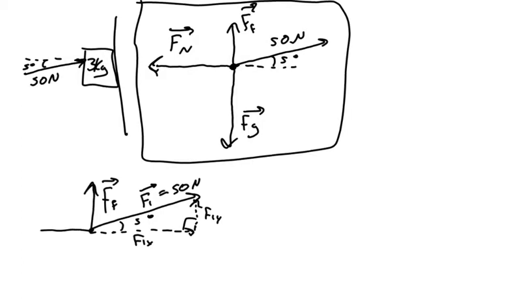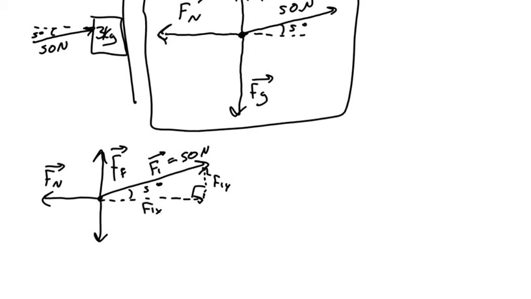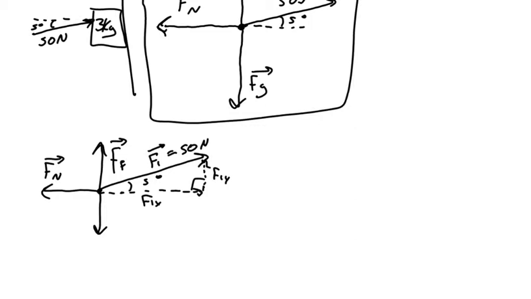And then we get our normal force out this way, and then gravity goes down. And I probably should make that gravity arrow just a little bit bigger. Okay, so that's our force of gravity.